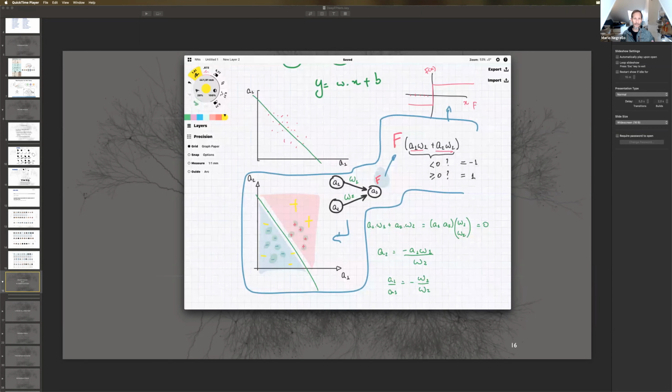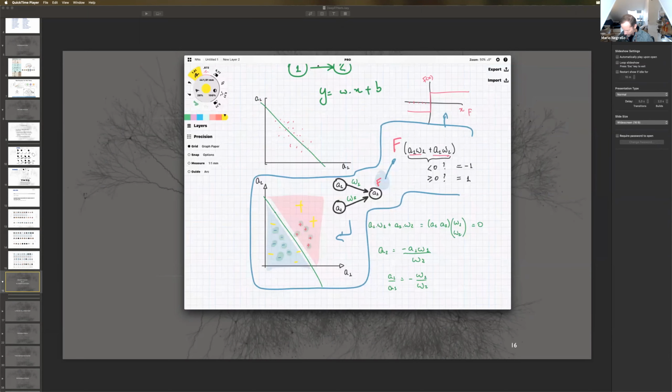Right, so linear separation, that's the fundamental idea behind it. And each of these examples is basically a combination of A1 and A2, a particular instance, a particular set of co-activations between two neurons. We think about the small network first to get a hold of this.